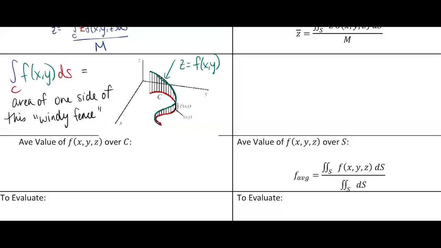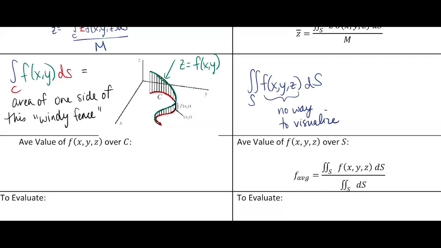Now this is the part that I was pointing out doesn't have an analog when it comes to scalar surface integrals, because if I'm integrating over a surface that is sitting in 3D, then I will have some integrand that's a function of x, y, and z. And I don't have any way that I can visualize this function of 3 variables, because I would need 4 dimensions.